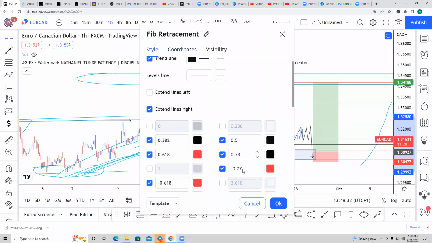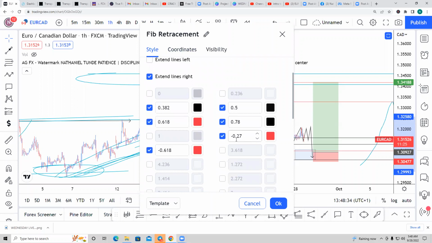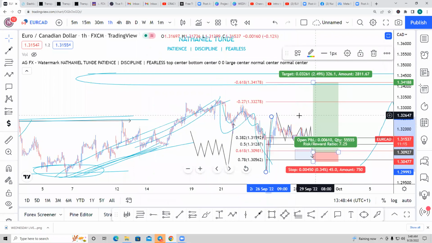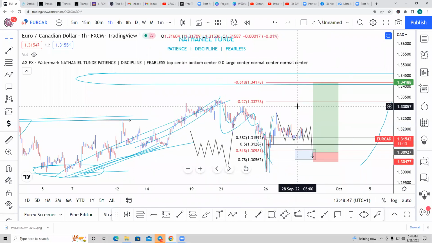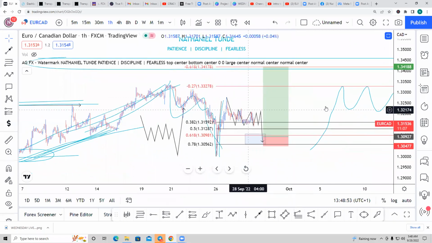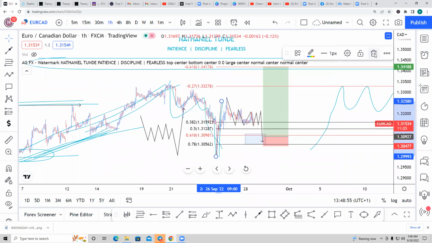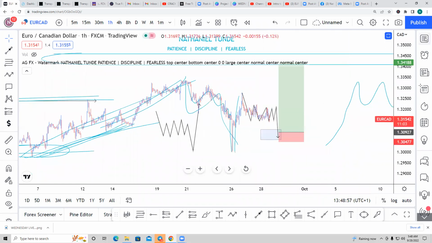So you look for an empty column, type in minus 0.27 and make sure you mark it, then type in minus 0.618 and make sure you mark it. You are going to see it appear on your fib levels, and that is usually the best level for profit target. Okay, so that's the setup you are having right here on Euro Cad.